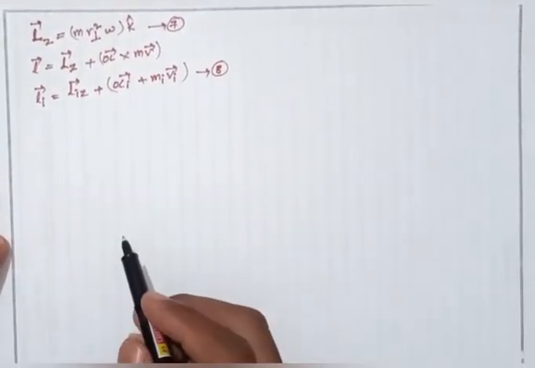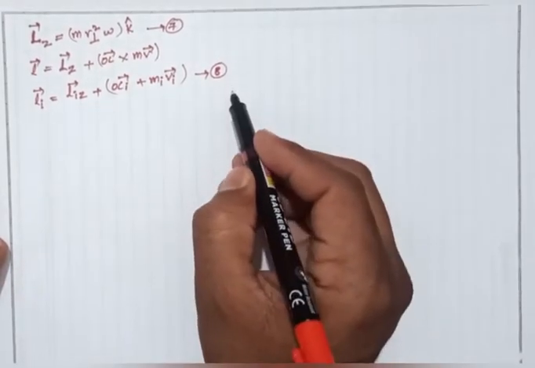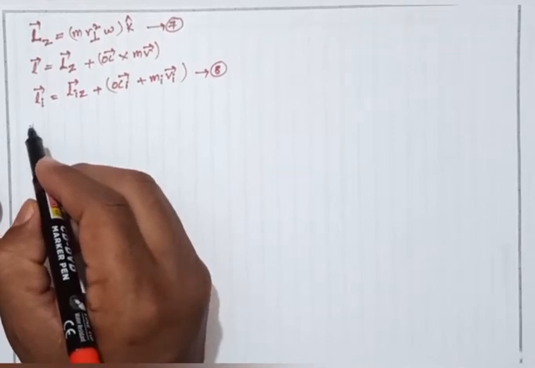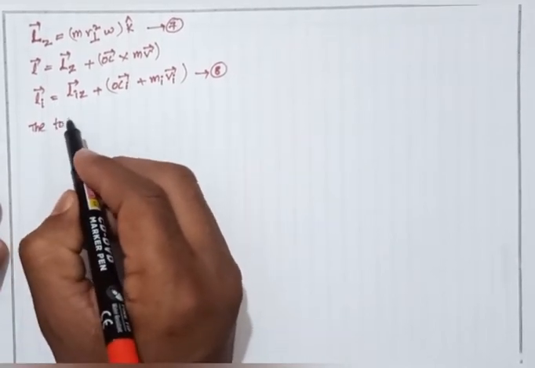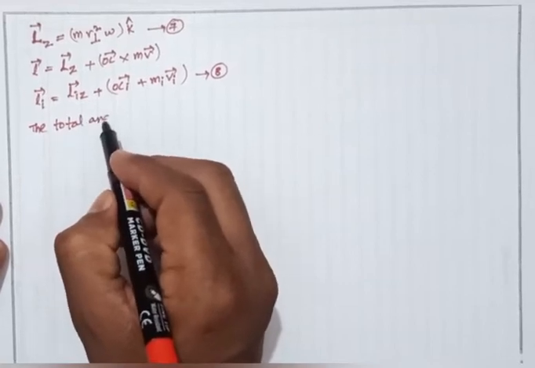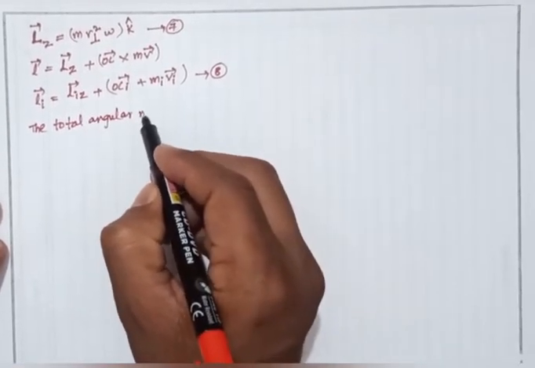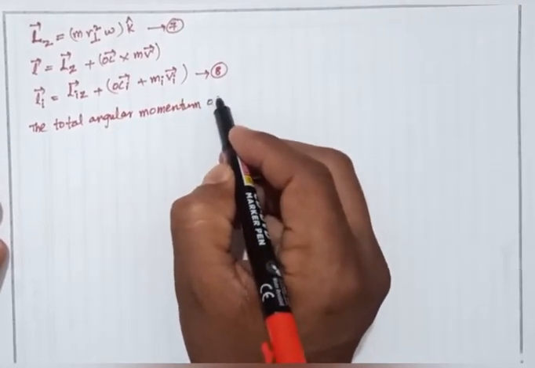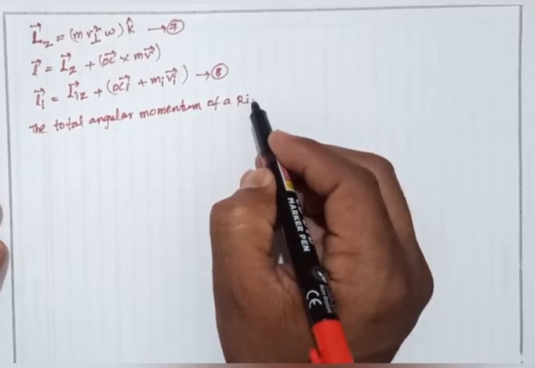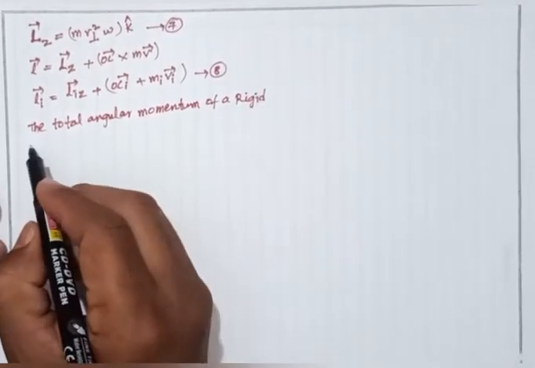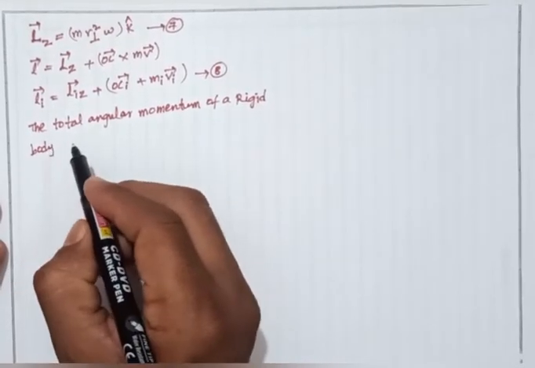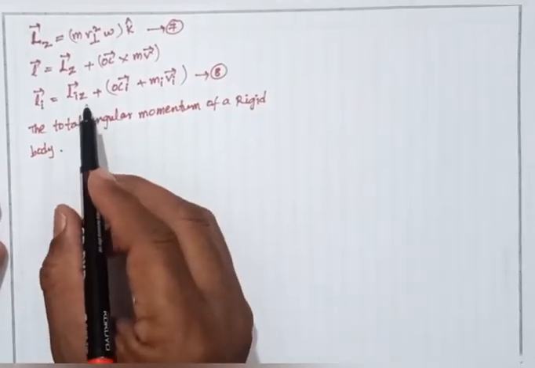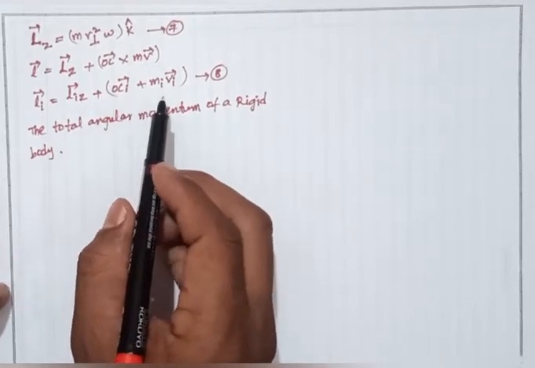So we can consider here the total angular momentum of a rigid body, where the total particles are i equals 1, 2, 3, 4 and so on.